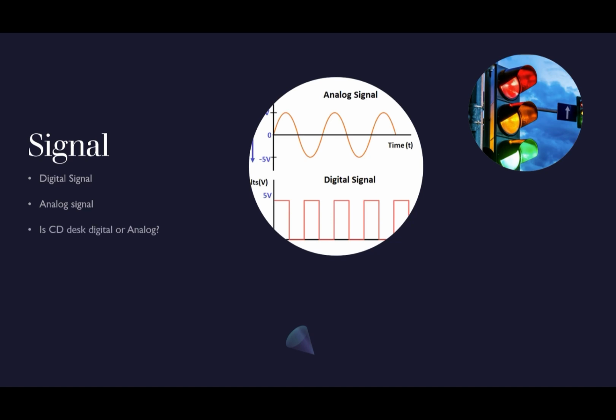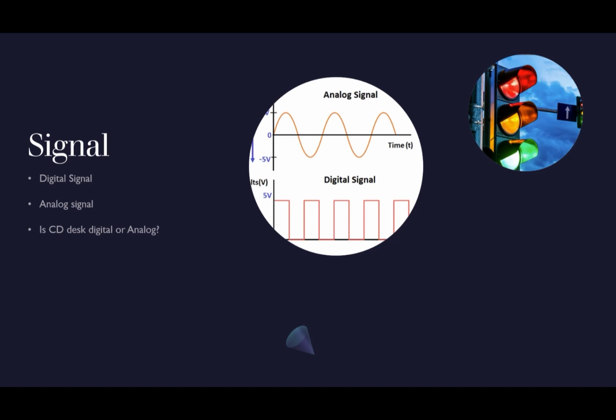In the past, before we had YouTube and Pandora music, we had a CD, a compact disc. We could hear music on it and watch movies. Is that digital or analog?